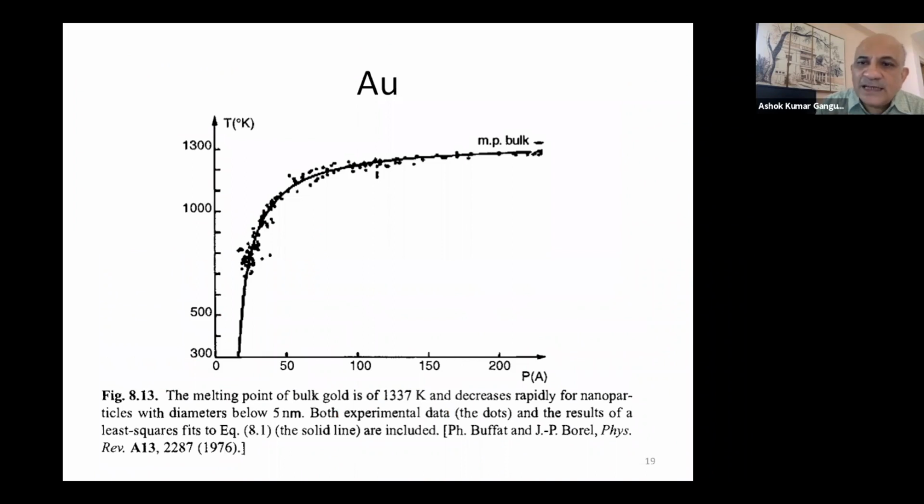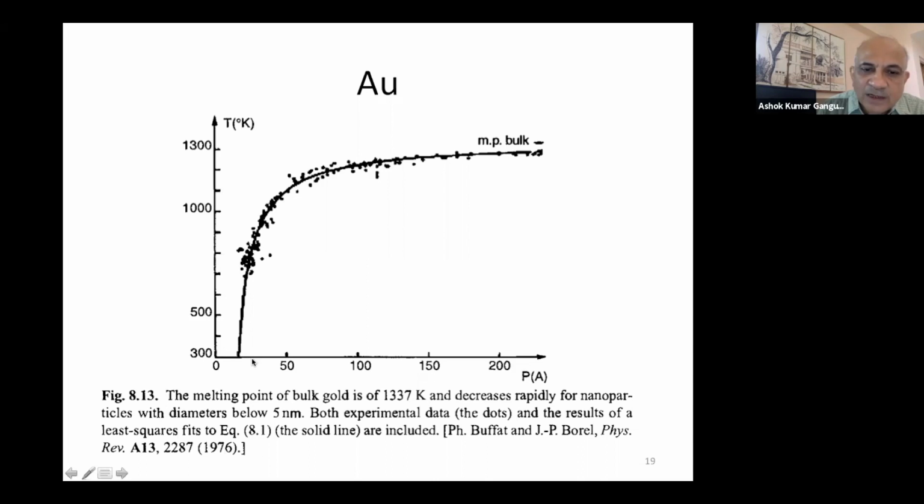The melting points change. So this is gold. Normal gold has a melting point of around 1250 Kelvin. That is around 980 degrees centigrade. As I change the size of the particles of gold, the melting point decreases. If the particle size is 50 angstrom, that means 5 nanometer gold, then the melting point will be around 1100 Kelvin, around 850 degrees centigrade.